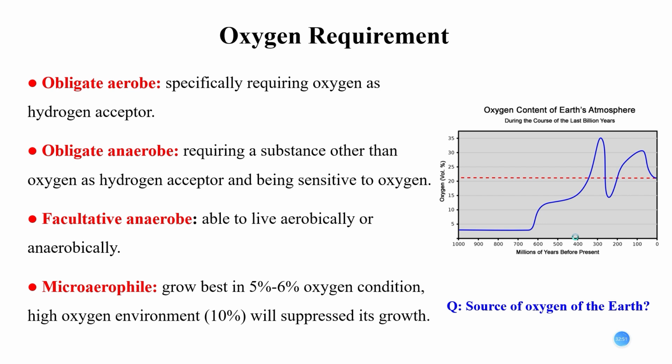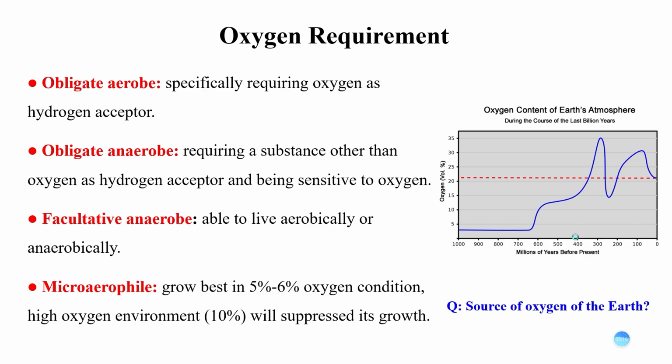But in the whole history of the Earth, you can see the concentration of oxygen changed a lot. At the very beginning, long time ago, 1,000 million years ago, it stayed for a long time at a very low level, less than 5%.